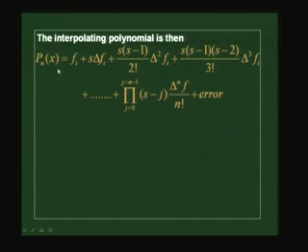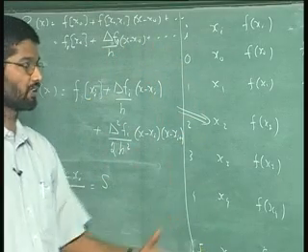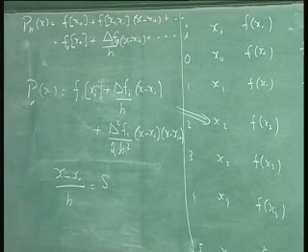The nth order polynomial where we enter at i in the difference table is fi plus s into del fi plus s into s minus 1 by 2 factorial del 2 fi, and s into s minus 1 into s minus 2 by 3 factorial del 3 fi, etc. So that's the advantage. When the data points given are equidistant, the whole thing simplifies to a polynomial of that form.